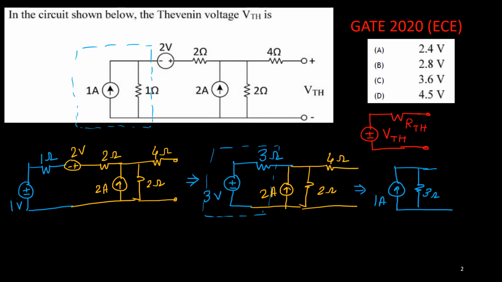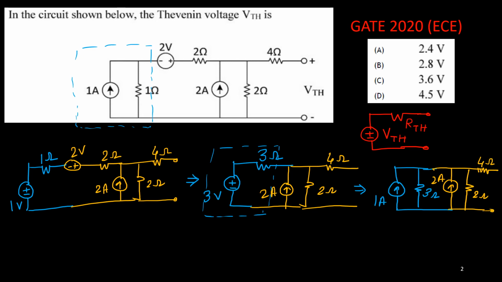Then we'll add the rest part, that is your current source and resistance. This current source value is 2 ampere, and this one is 2 ohm, and one more resistance, that is your 4 ohm.